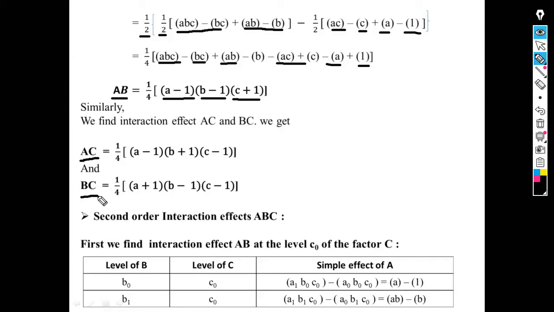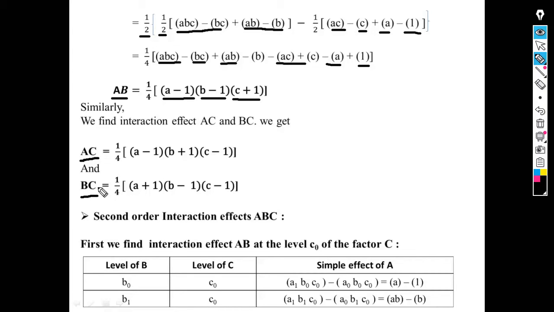Similarly, for the BC interaction effect, first find the average effect of factor B at the first level of C and the average effect of factor B at the second level of factor C, and then take the difference of these two average effects. So you get the interaction effect for BC.